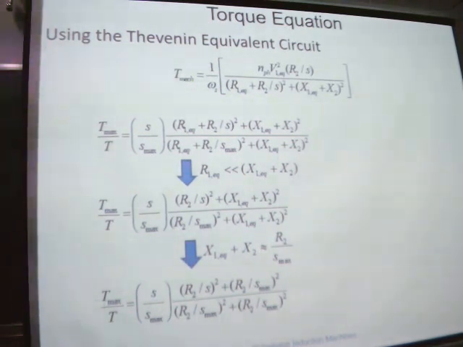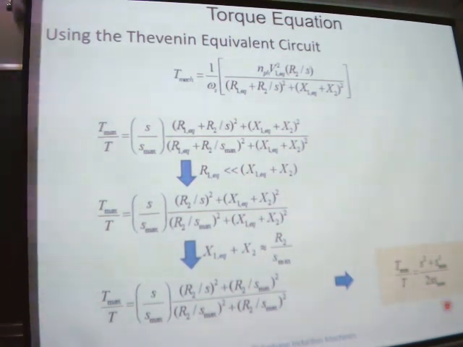It can simplify a lot of calculations of the torque if the maximum torque conditions are known, without going through complex torque equations and calculations. So eventually we get this equation. The formula is very simple. The ratio of the two torques is a function of slip only.